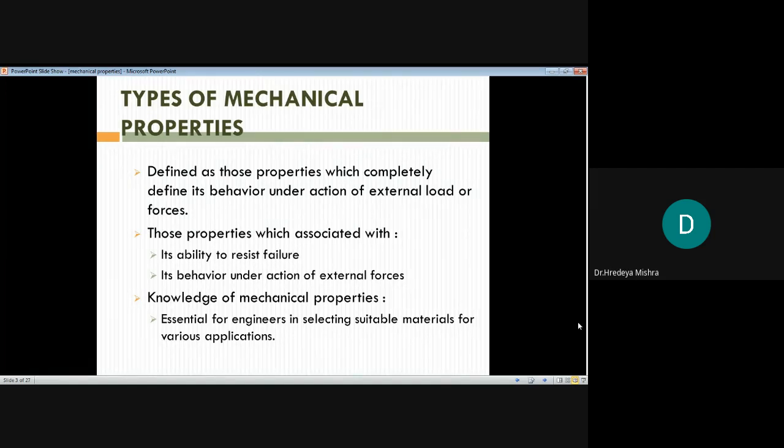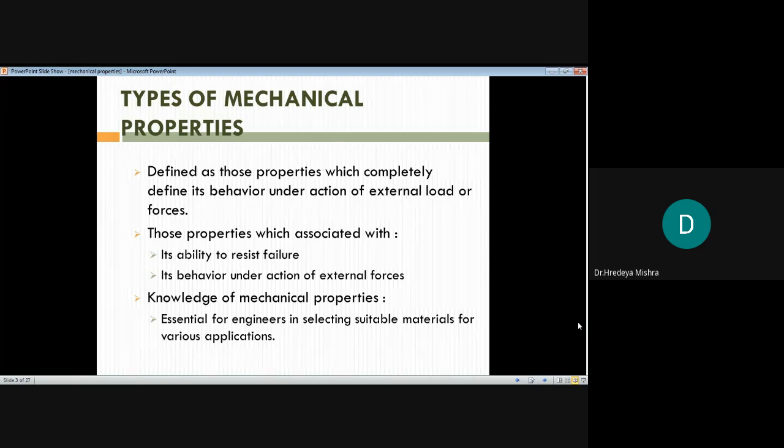The definition of failure is that the component or model is not performing its desired application.